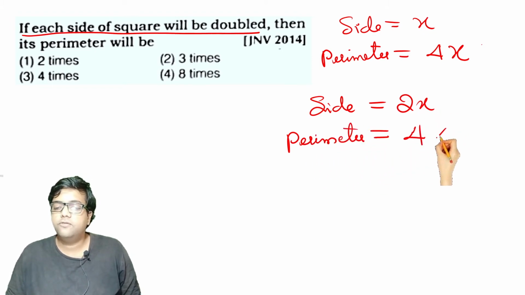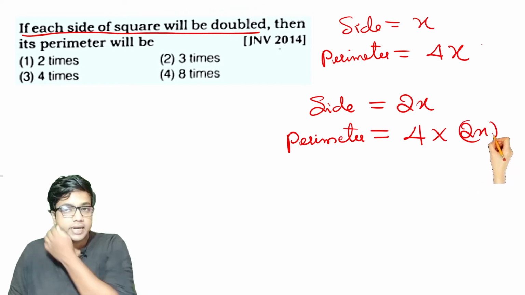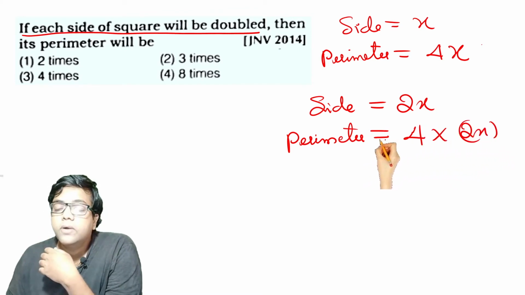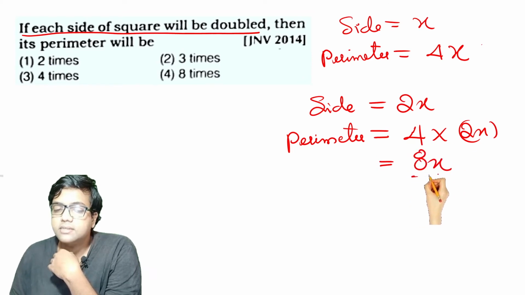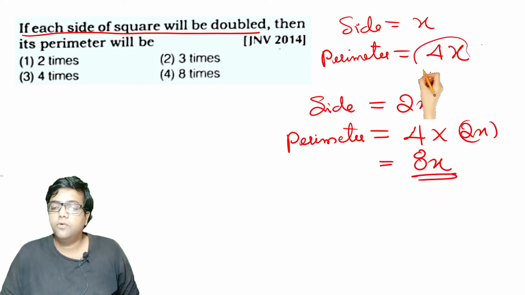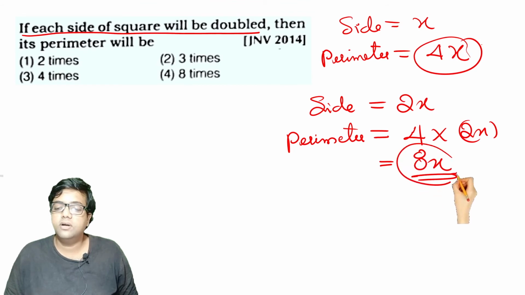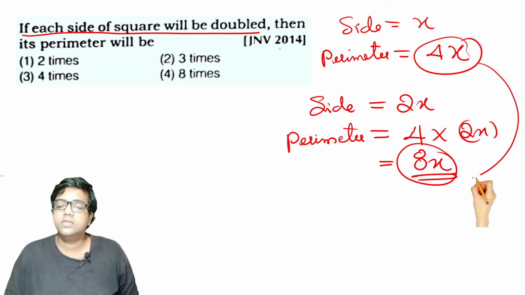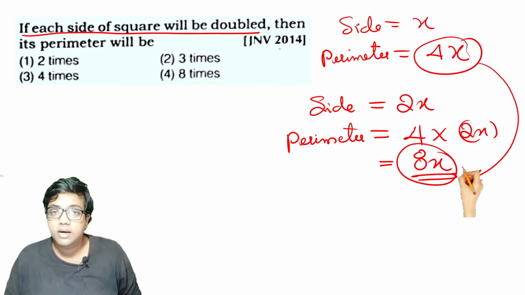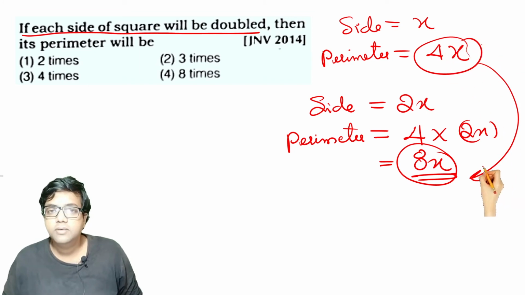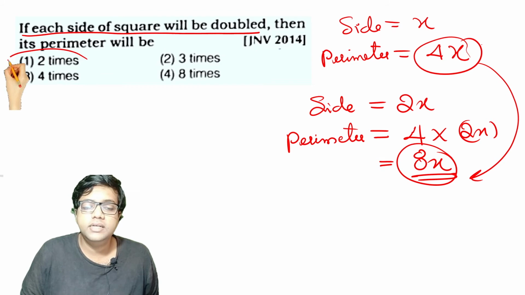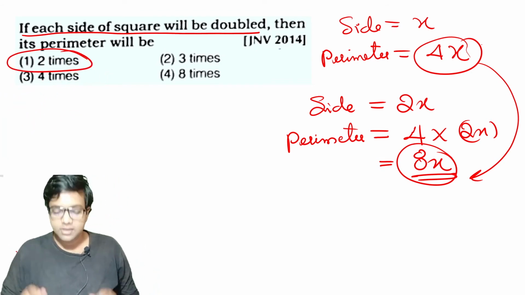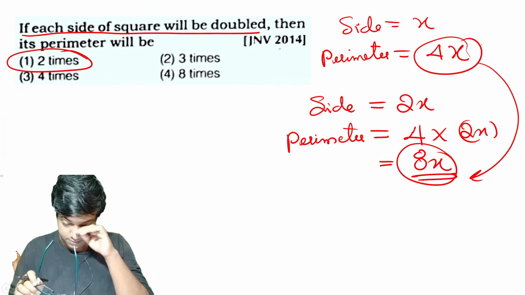It will be 4 into the side, so 4 into 2x means 4 2s are 8, 8x. So 4x was there initially, later on it will become 8x. Do you see that 4x has doubled here? So the new perimeter will be doubled, 2 times is the right answer for this question.